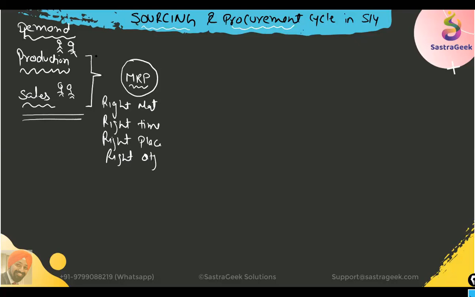So when the demand comes from production, sales, or different departments, MRP takes care of checking whether purchasing is already done, or whether we already have a stock, and then it finds out the shortages. The shortage of the material and the delivery date of that material are decided by MRP. Based on that, MRP creates the first document, which is the purchase requisition.